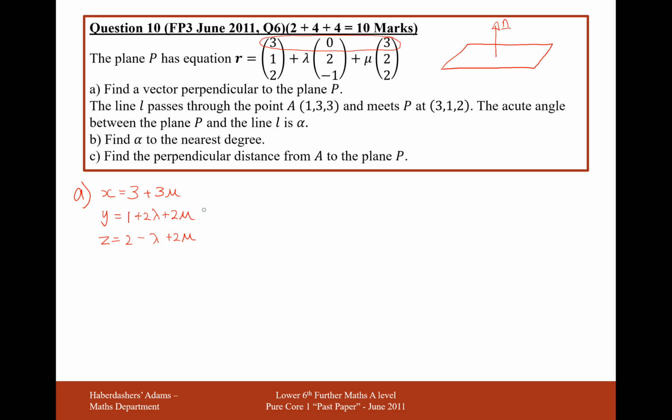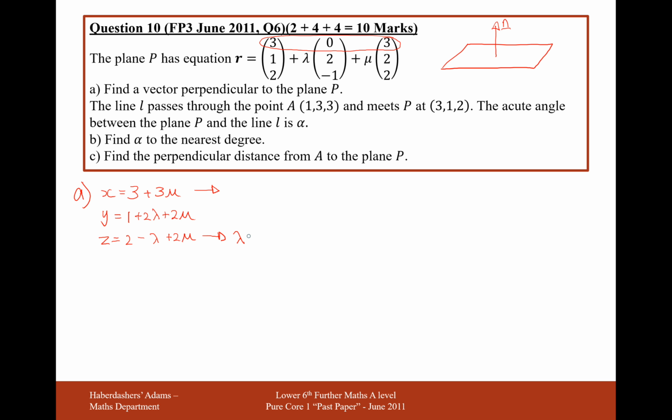Okay, and what we need to do now with these three equations here is we need to rearrange them in such a way that the lambda and the mu will cancel out of both of these equations here. So what I think I'll do to start with is I will rearrange this one here and this one here. First of all I think I'll do the bottom one here.